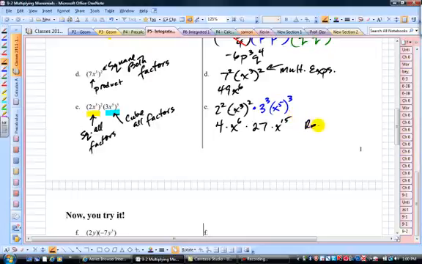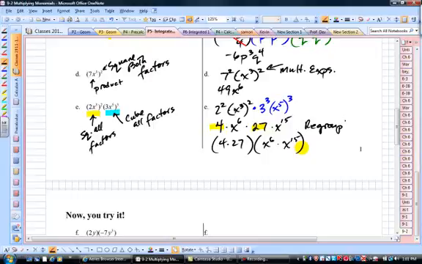Okay, now we regroup. We have to multiply the 4 and the 27. So here we go, 4 times 27, and then I'm going to group up the like terms, x to the 6th times x to the 15th. Everything's being multiplied, and remember, in multiplication the order doesn't matter.